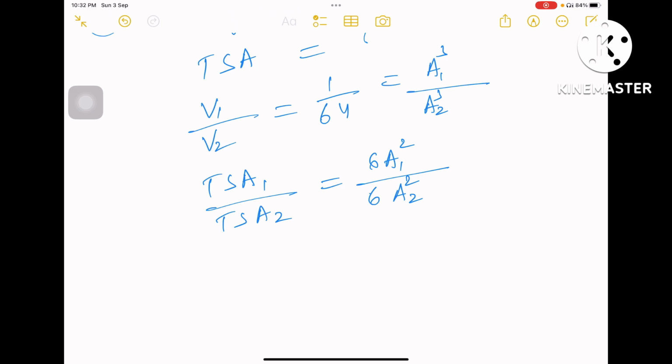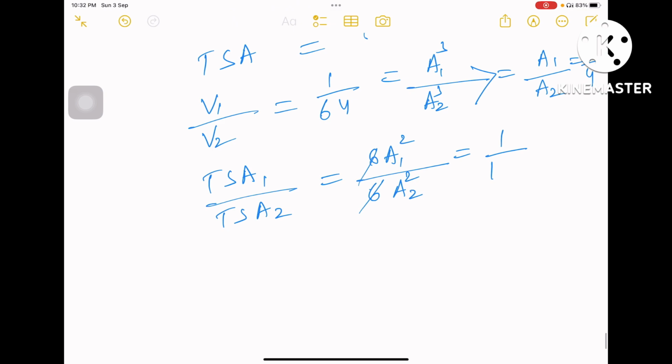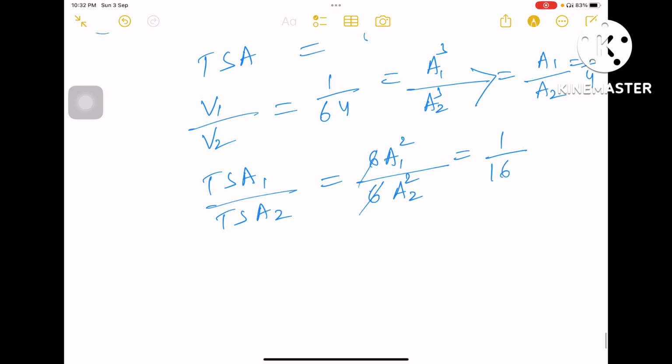Now from here we can get the ratio of the sides. A1 to A2 will be the cube root of 1/64, that is 1/4. So the 6 gets cancelled. What we get is the ratio 1/4. Now squaring that ratio we'll get 1/16.